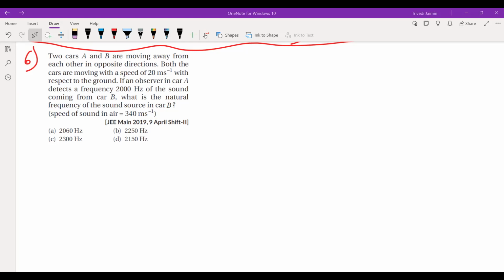Shall I show you some video about that? Guys, do you know Doppler's effect? What is it? Can someone explain? No one?